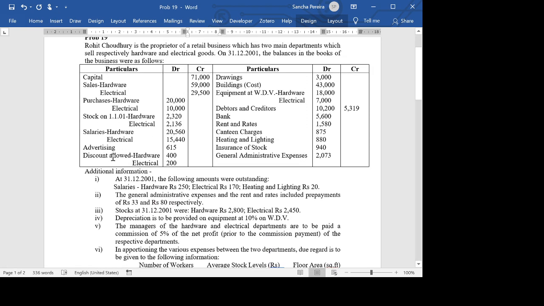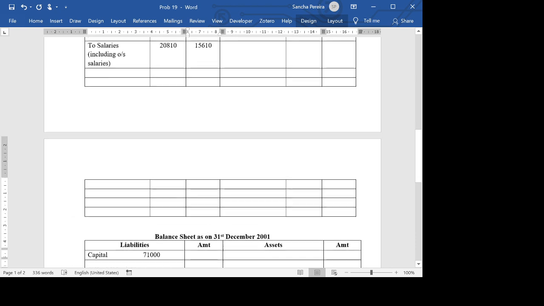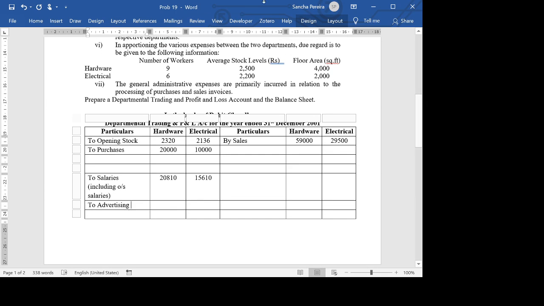Advertising. Now, there was nothing given as to how to divide advertising. So we decided yesterday that it's going to be divided on the basis of sales. If you check the ratio here, 59,000 and 29,500, 59 is double of this, so the ratio will be 2 is to 1.